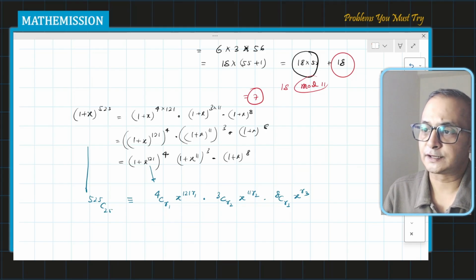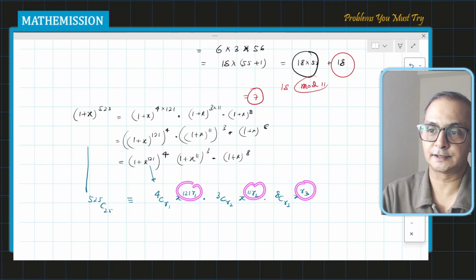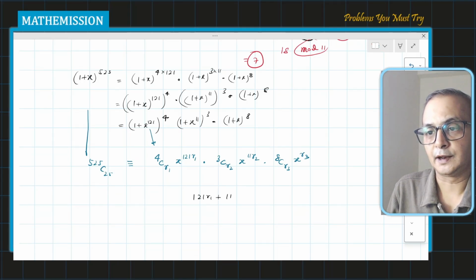And now you notice that if I combine all these powers, we get the sum must be what? 121 R1 plus 11 R2 and plus R3.